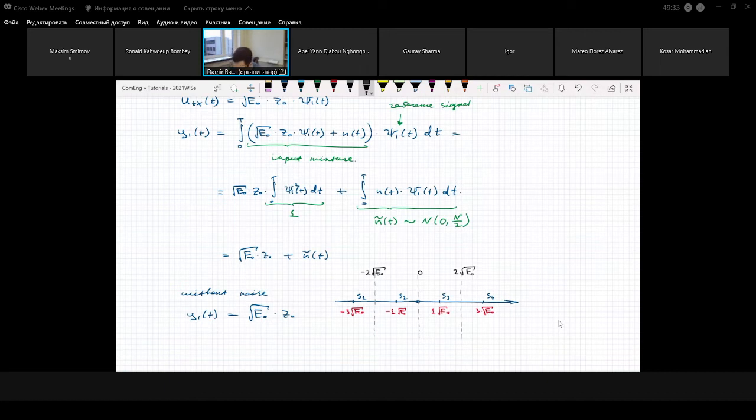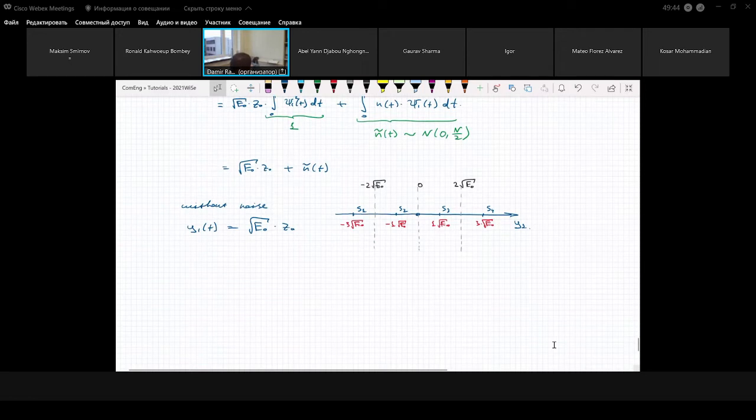And this is Y1. Now we can write in which cases we make which decisions. We say that our decision S hat of t is the following.